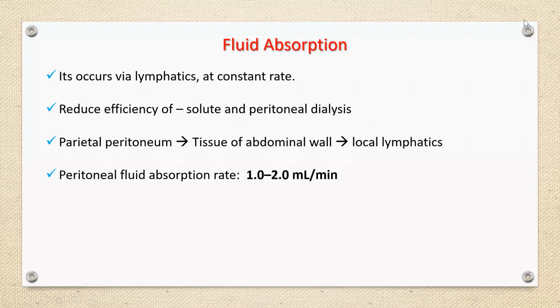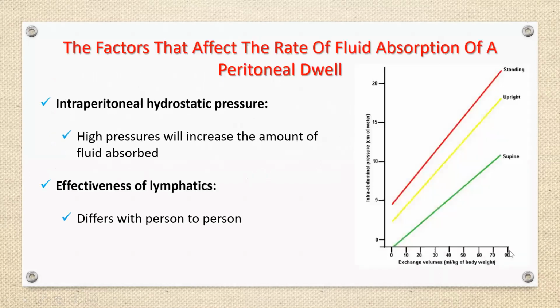Now, factors that affect the rate of fluid absorption of the peritoneal dialysate. Here on the x-axis is the exchange volume according to body weight, ml per kg, and on the y-axis is intra-abdominal pressure, in centimeters of water. In a standing position, the intra-abdominal pressure is more, so there will be more exchange of the volumes.